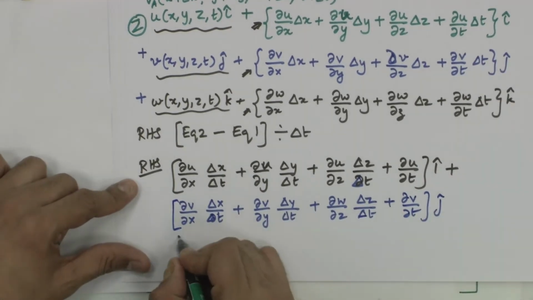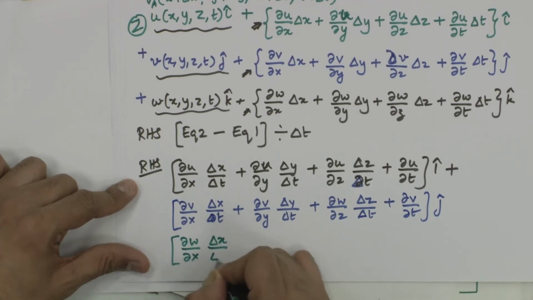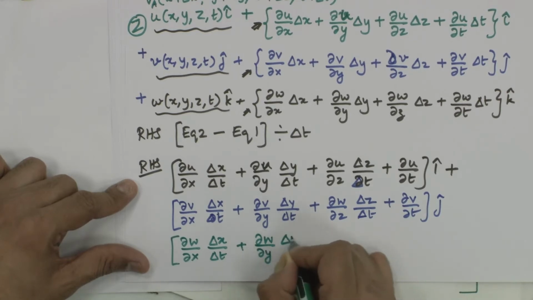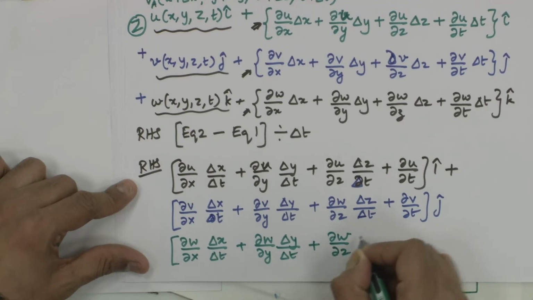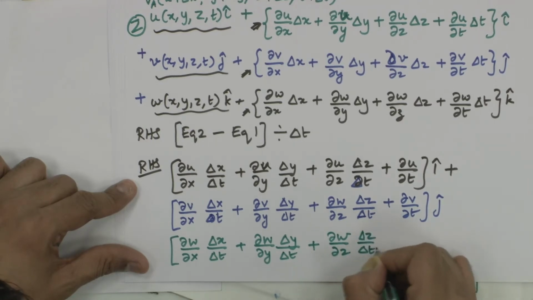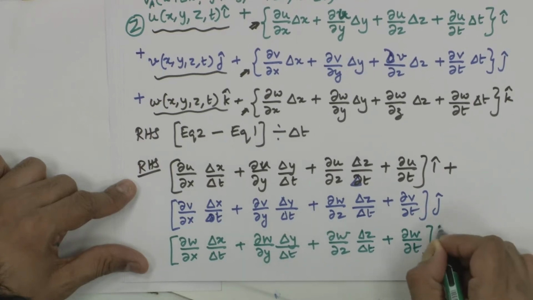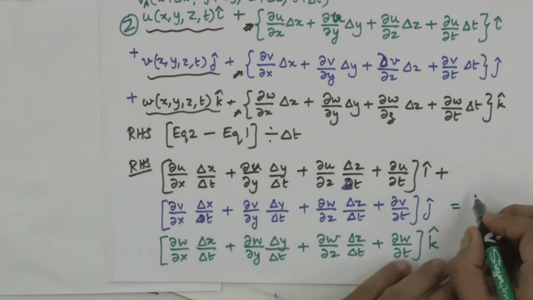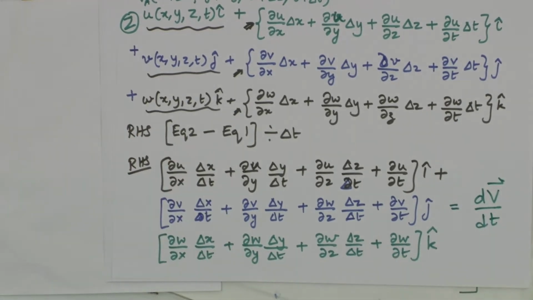Third term would be dw by dx delta x by delta t plus dw by dy delta y by delta t plus dw by dz delta z by delta t plus dw by dt whole k cap. We are done. This on the left hand side was dv by dt.